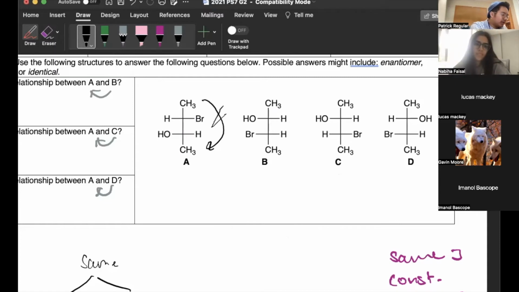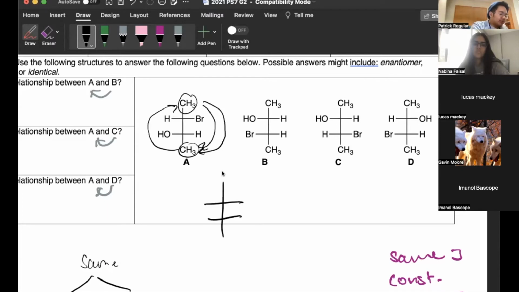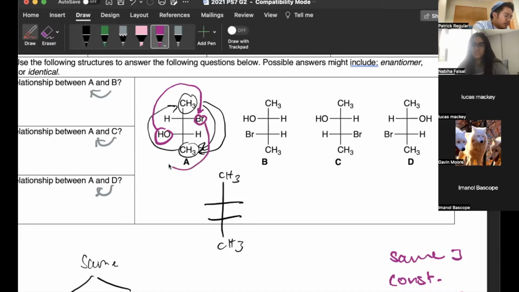Let's rotate A again. The CH3 would trade places with that one. Thankfully, they're the same thing, so rotating it doesn't really matter. This OH would rotate completely over here, and this Br would rotate 180 degrees over here. Br, OH.